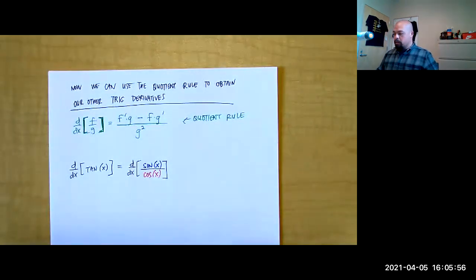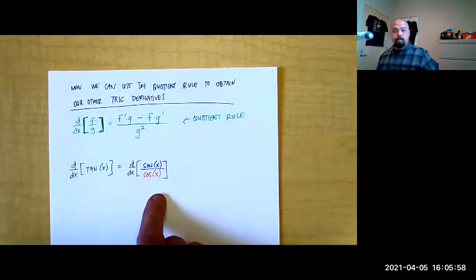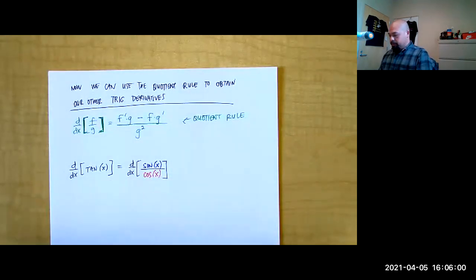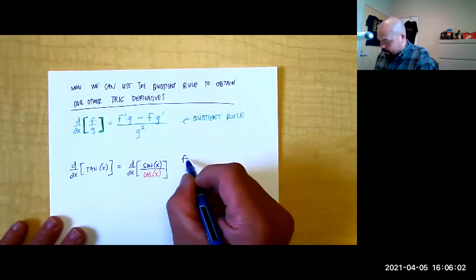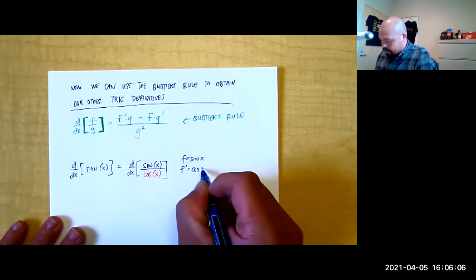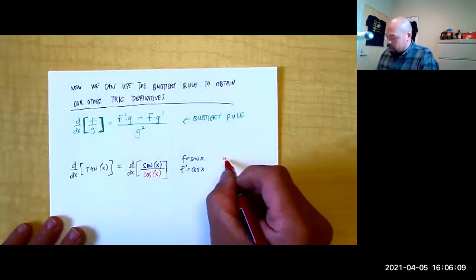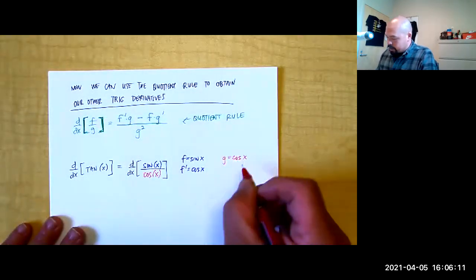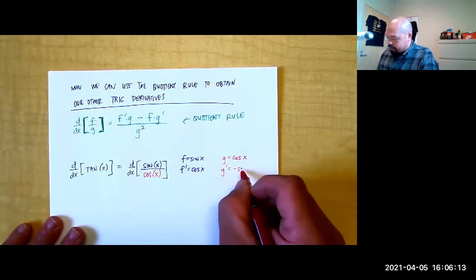Tangent is sine over cosine, doing that rewriting. And now, with our quotient rule, f is going to be the sine of x, its derivative, cosine x. g, the denominator function, cosine of x, its derivative, negative sine of x.